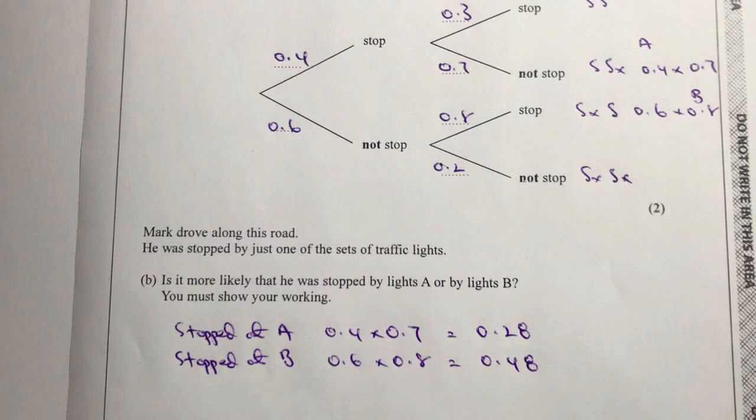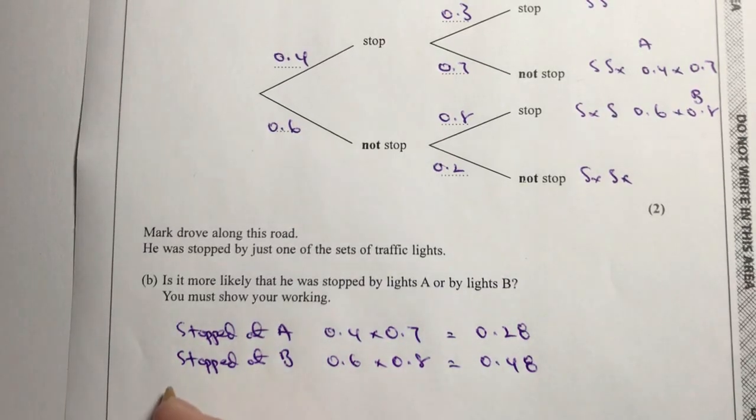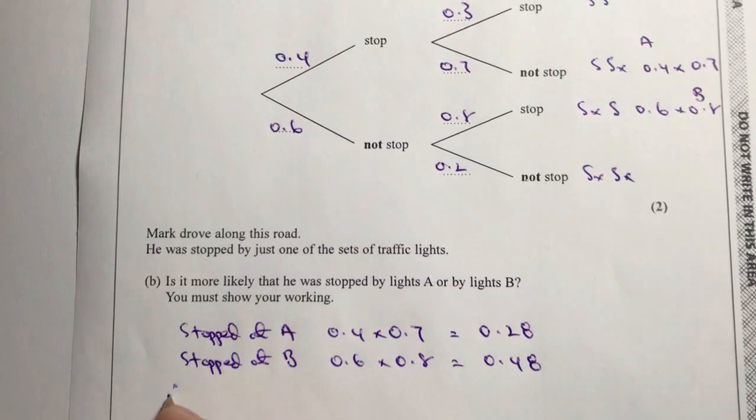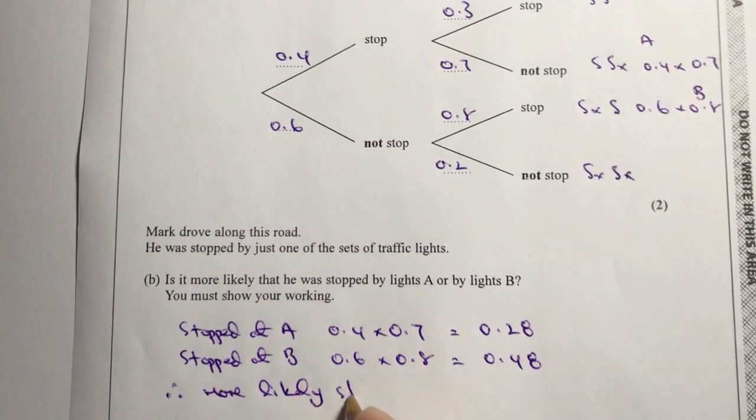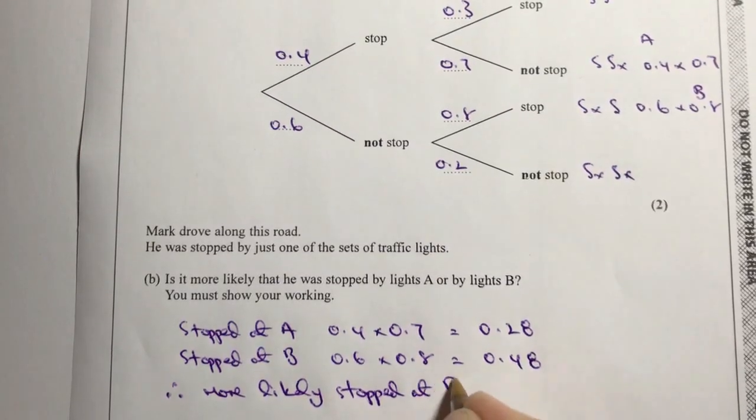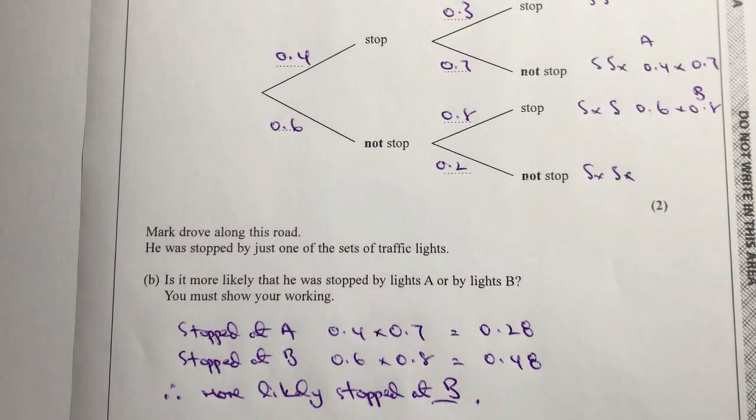So in other words, he is much more likely to be stopped at B. Not quite twice as likely, but fairly likely. So I'm going to put just a line in here. These three little dots mean therefore is more likely to be stopped at B. Okay, so I hope that's okay for you.